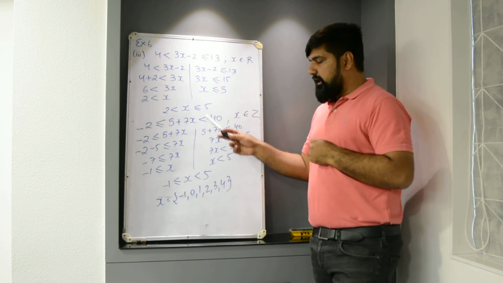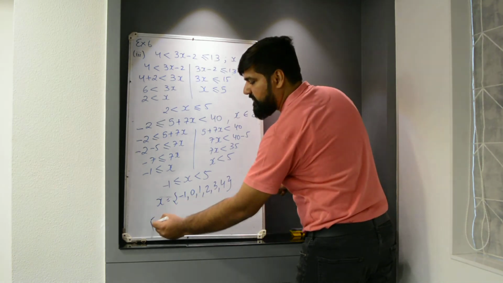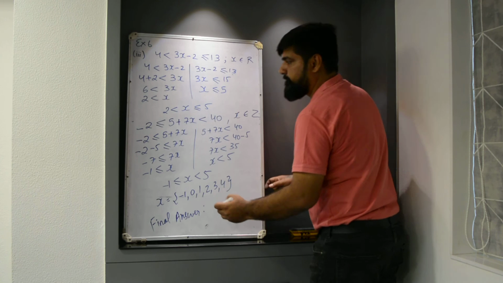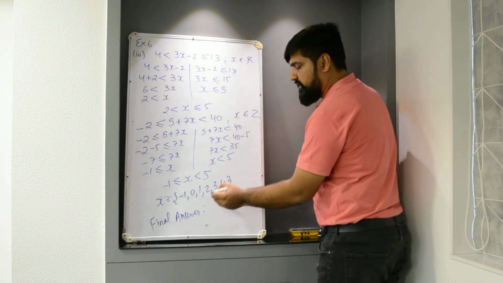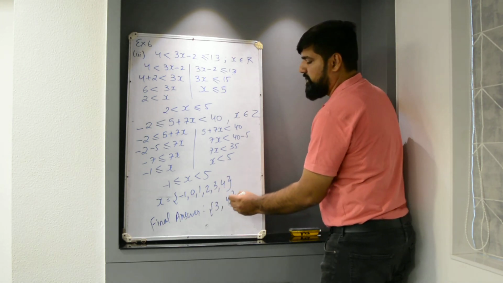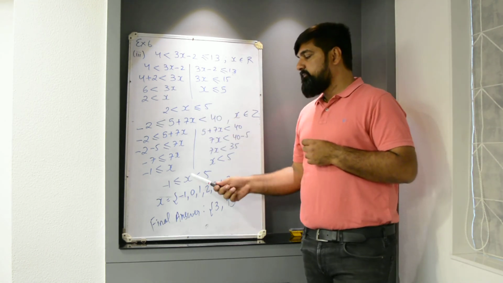But again, if we compare these two, which digits are common? The final answer for this will be, here x is greater than 2, so it will be 3 and 4, because they are common in both the equations.